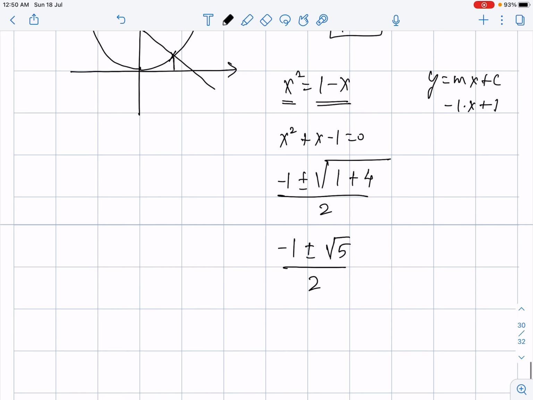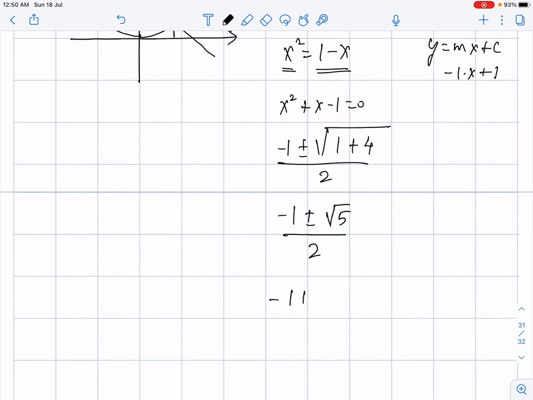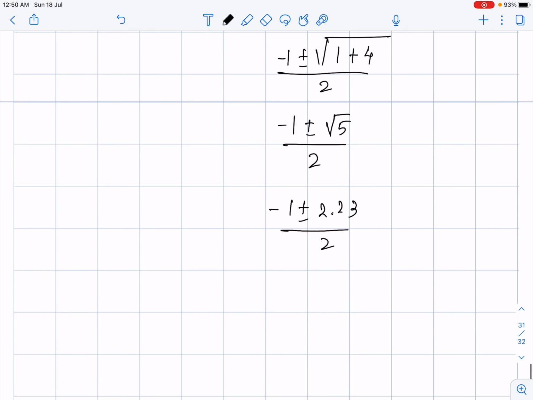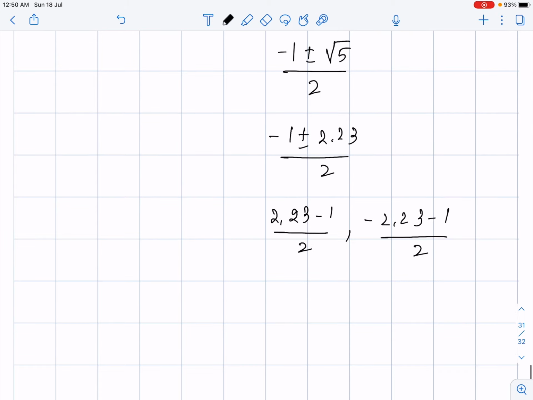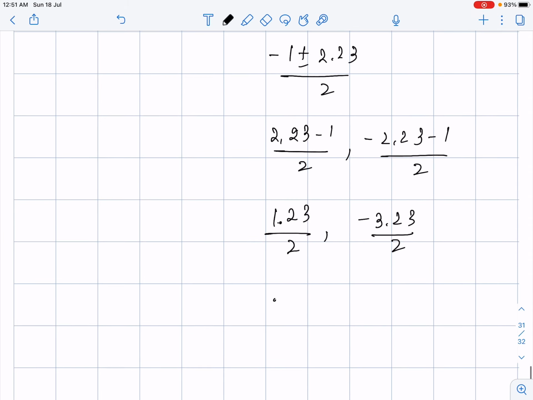The approximate value of root 5 is 2.23, so we have (2.23 minus 1) by 2, or (minus 2.23 minus 1) by 2. So we will have 1.23 divided by 2, or minus 3.23 divided by 2. So we will have approximately 0.6, and that is less than 1, so that will hold good.